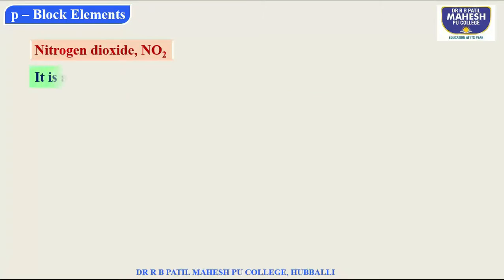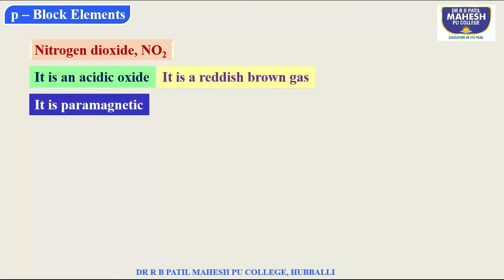Nitrogen dioxide, NO2. It is an acidic oxide. It is a reddish brown colored gas, and it is paramagnetic in nature. These two are Lewis dot structures. In this Lewis dot structure you can see the presence of one unpaired electron, indicating the paramagnetic nature of nitrogen dioxide.